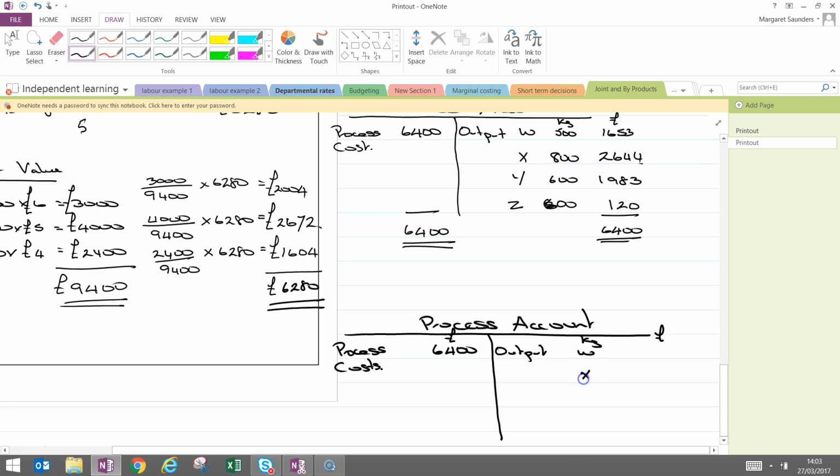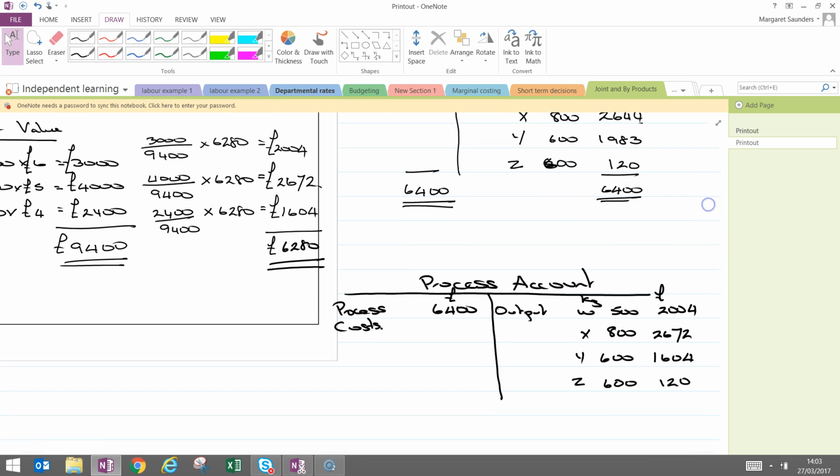We've got W, X, Y and Z with 500 kilos, 800 kilos, 600 kilos and 600, and the values 2,004, 2672, 1604 and 120, all totaling up to 6,400.